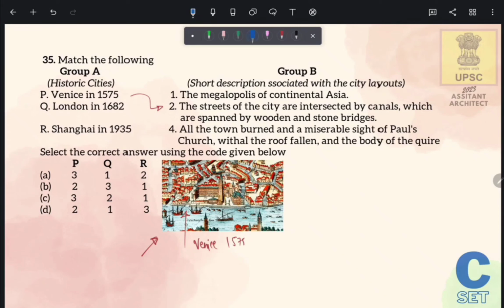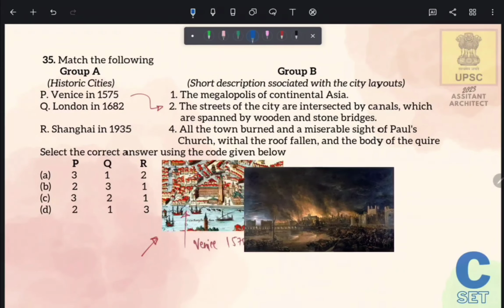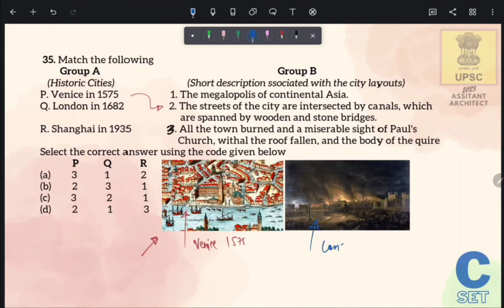Q statement is London in 1682. So in 1666 there was a fire outbreak in London, and because of this almost half of London city was burned. So this was the scenario of London in 1682. Therefore London matches with the third statement, all the town burned and a miserable sight of Paul's Church.